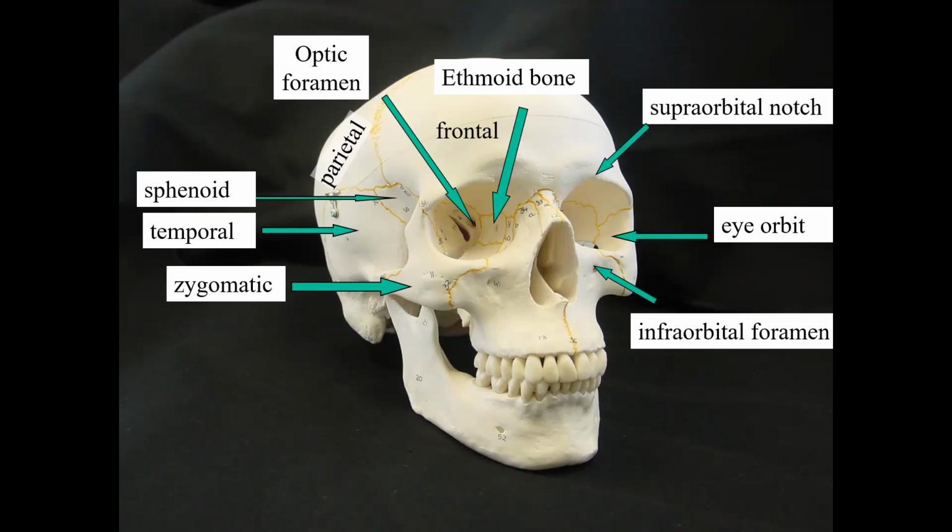It just depends. It's not necessarily a good indicator of determining the sex of a skeleton that way. There's much better procedures for determining the sex of the skeleton, like the size of the pelvic girdle, for example. Anyway, that's the zygomatic bone.